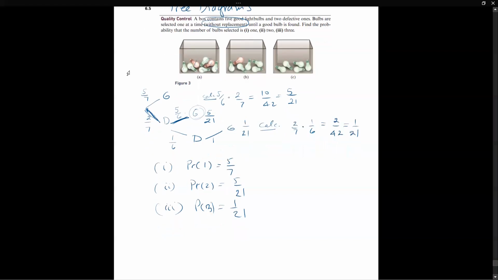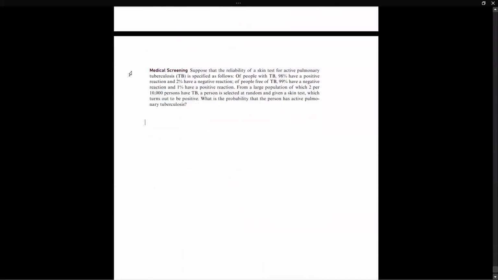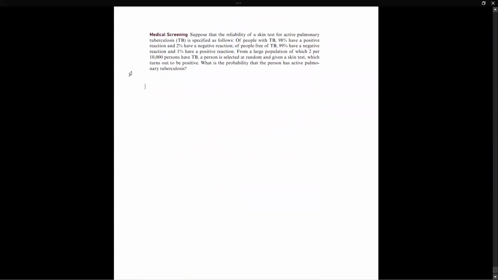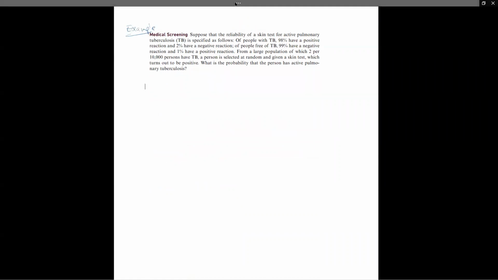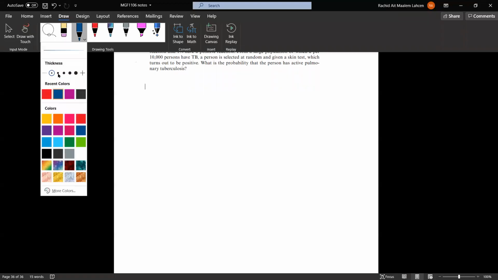All right. So let's look into another example. And this is a medical screening example. Let's get this a little bit darker.